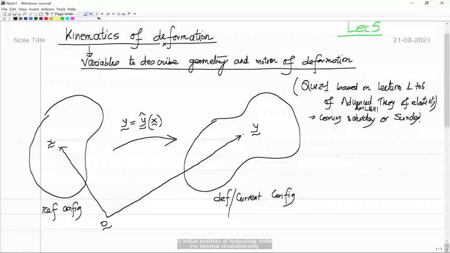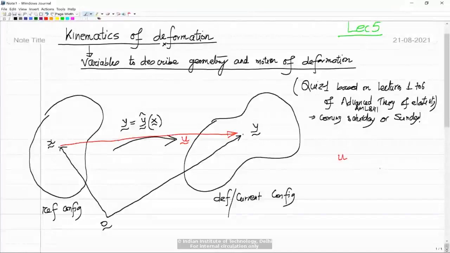All right, and therefore you can also think of the displacement, no? So displacement also you can think of change from the reference configuration, and this red line is your displacement u, isn't it?